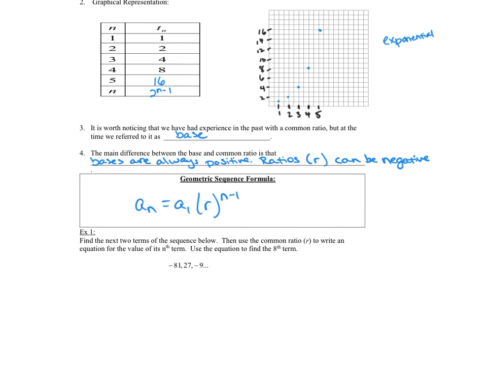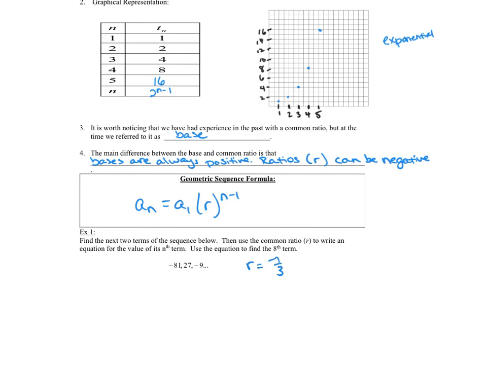So what are we multiplying by? What do we multiply negative 81 by to get to 27? Or 27 is multiplied by what to get to negative 9? The answer is negative 1/3. We don't say that we're dividing by 3. We say that we're multiplying by 1/3, because R is always what's being multiplied by.